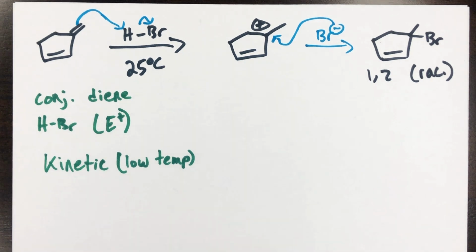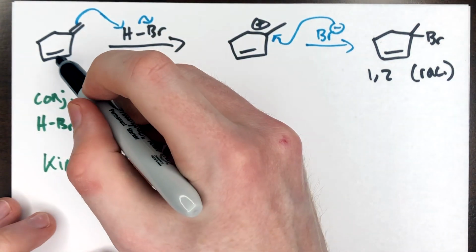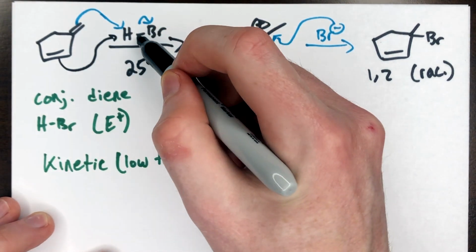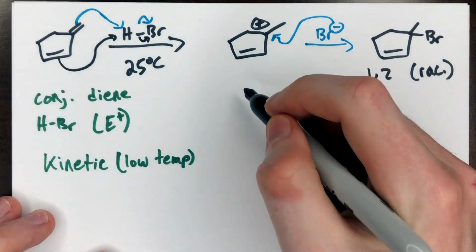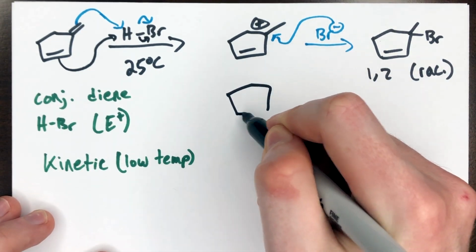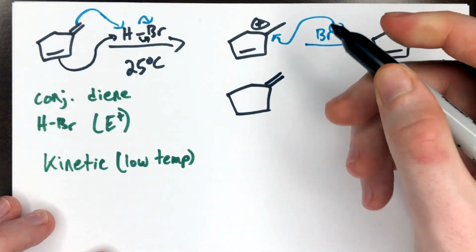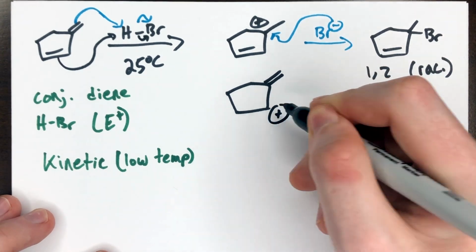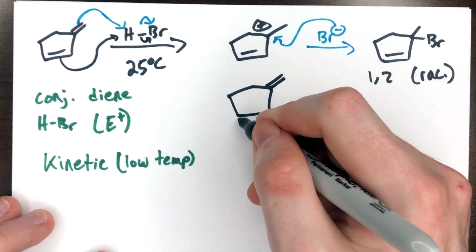So now let's consider if the other double bond attacks. If the other double bond attacks like this, that's going to give us this secondary option here, where the carbocation is going to go at this position, secondary and allylic.